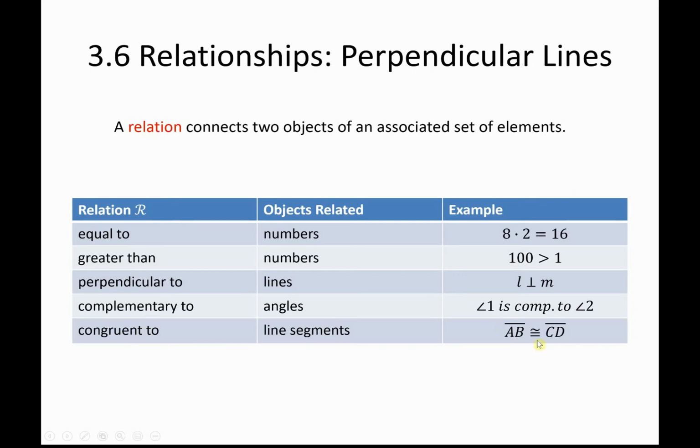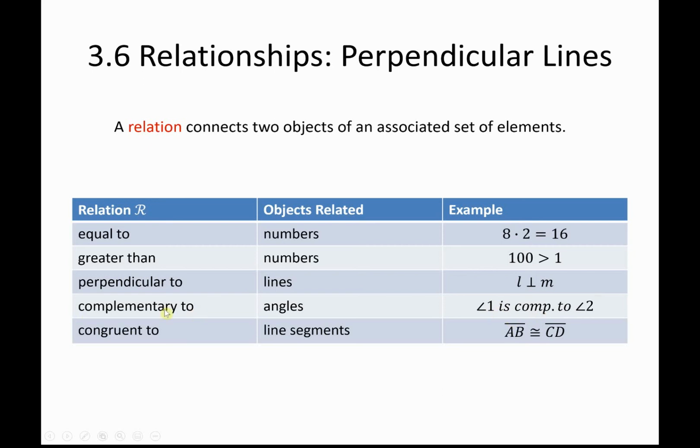And here are some generic but more specific examples of these possible relations. Here's an equality, here's a greater than symbol, perpendicular to, that's a symbol that we just recently introduced, is complementary to. Here's some shorthand that is often used. I've also seen a big capital C as being a possible notation for relating two angles as being complementary.